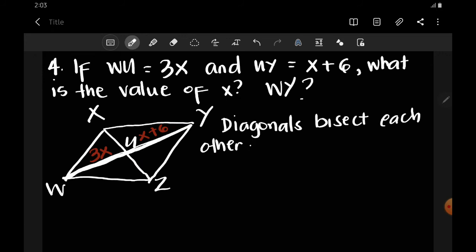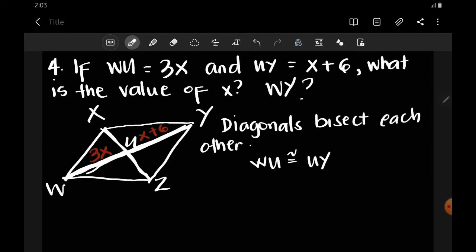Okay, so since we have WU and UY, meaning they are congruent, because diagonal XZ bisects diagonal WY.